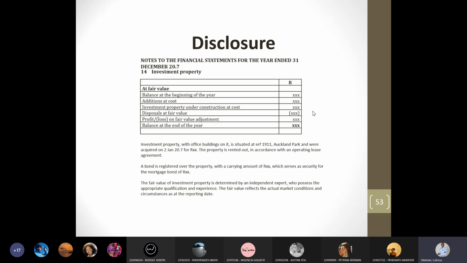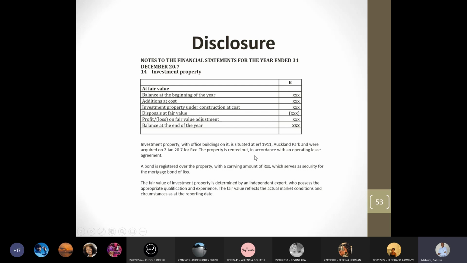So investment property with office buildings on it is situated on Erf 1911 Auckland Park, and was acquired on 2 January 20.7 for whatever amount it was. The property is rented out in accordance with an operating lease agreement.